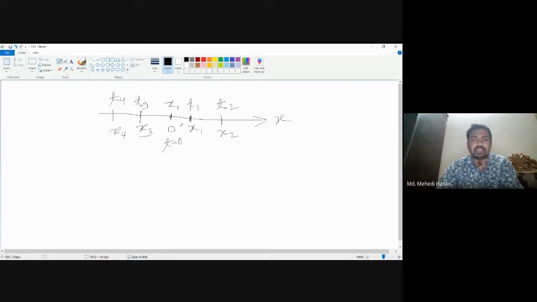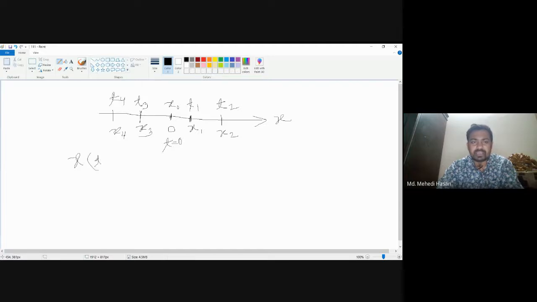From that figure we can say that the position of the object is changing with respect to time. Then we can write a function, the position as a function of t.